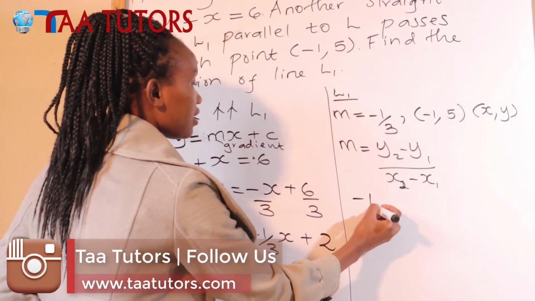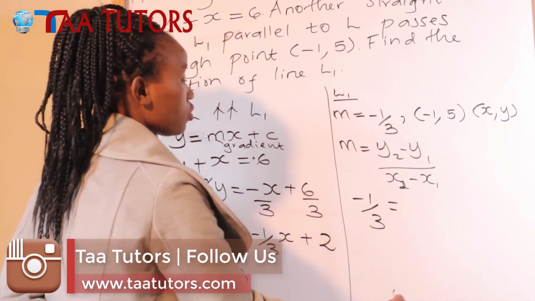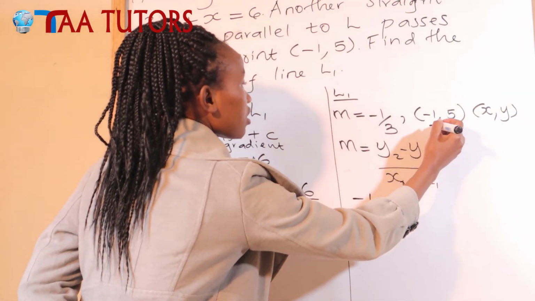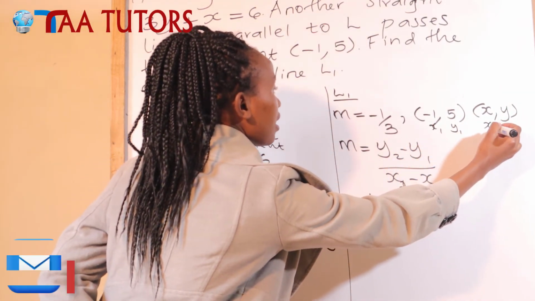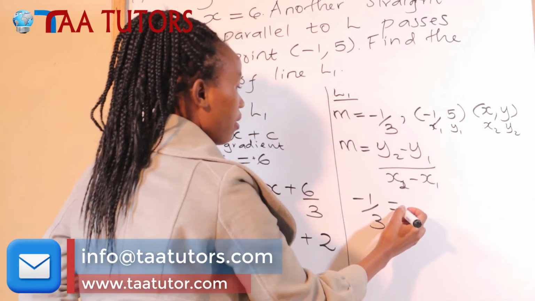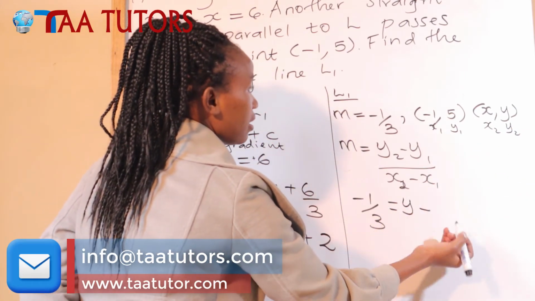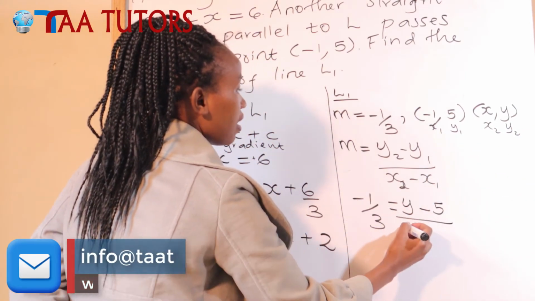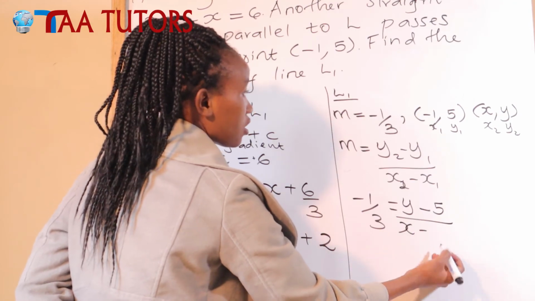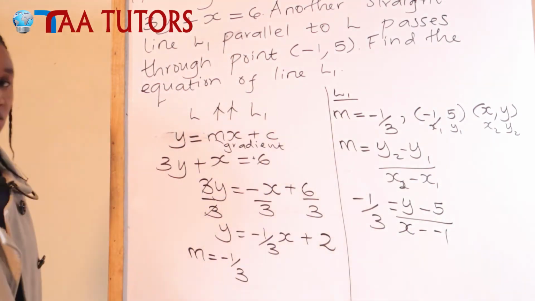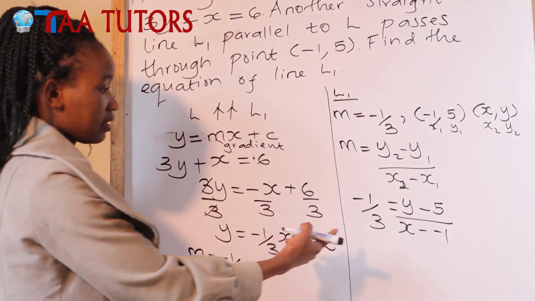Our gradient -1/3 equals y minus 5 over x minus (-1). So do not ignore the negative. You have to include the negative there.